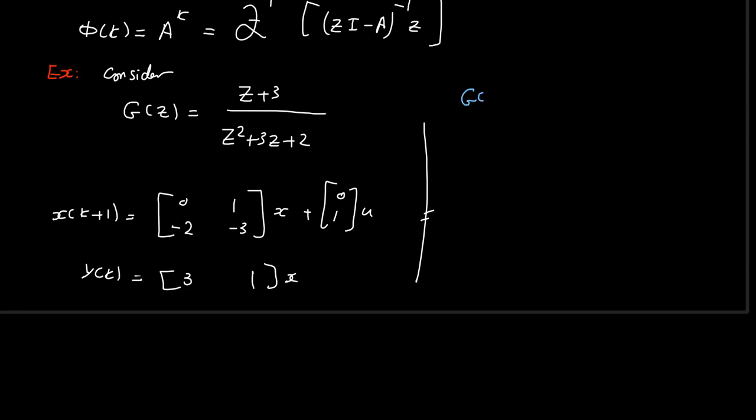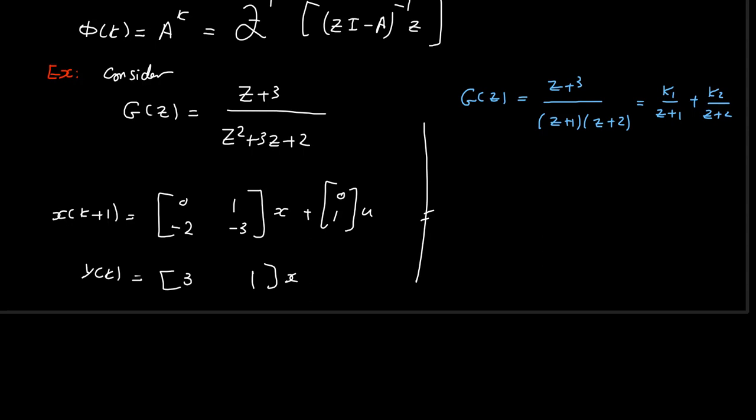So G of Z will equal (Z plus 3) over (Z plus 1)(Z plus 2). So this can be factorized to a certain gain k1 over Z plus 1 plus another gain, let's say k2 over Z plus 2. You can calculate the gains.